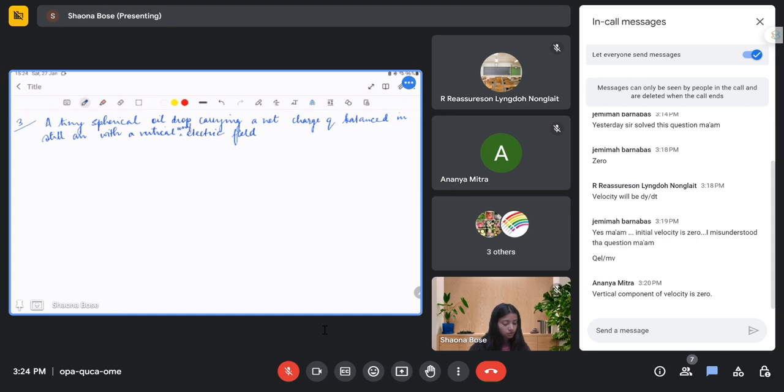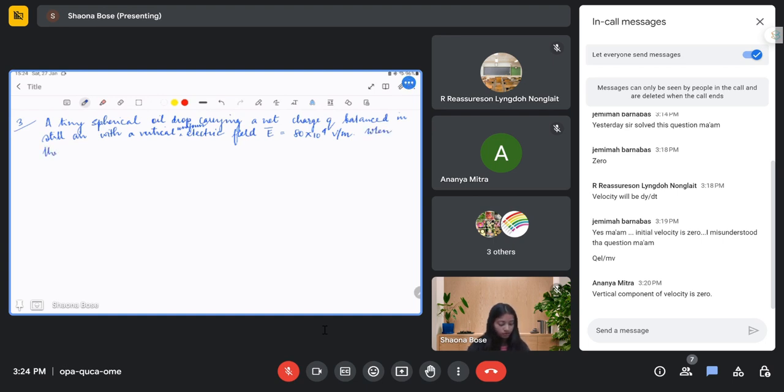This is uniform also. Electric field E is equal to 80 into 10 raised to the power 4 V per m.